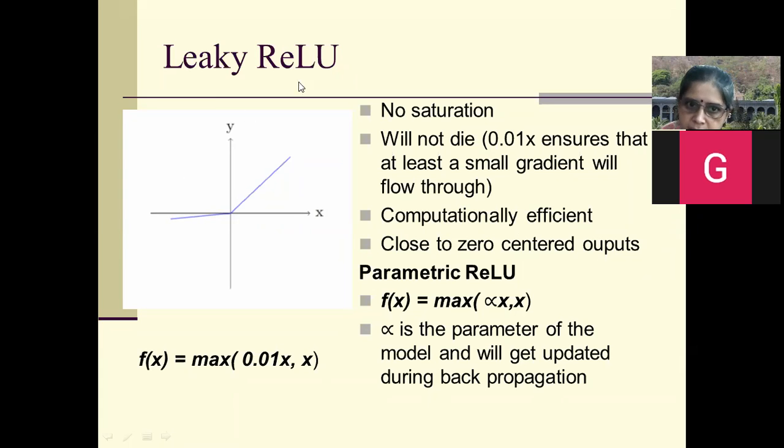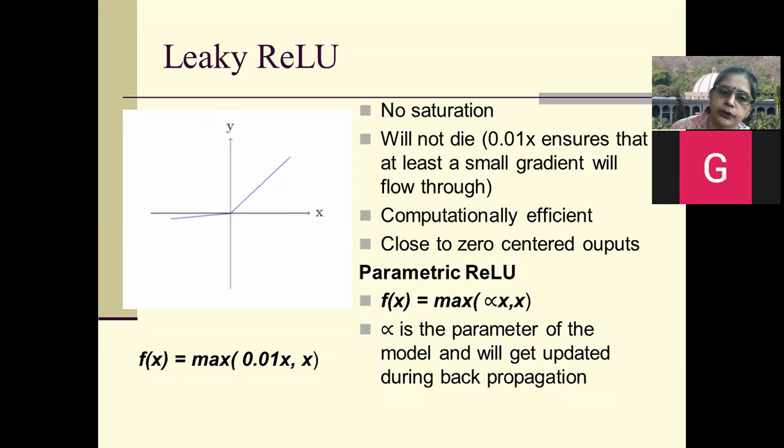So this leaky ReLU in general we can write as f(x) is equal to max of alpha x comma x. Instead of 0.01 we can say it is alpha, and this alpha can be programmable, or alpha is a parameter of the model, and it will be updated during backpropagation. Instead of using a constant alpha value, we can keep it updating during the iterative backpropagation process.